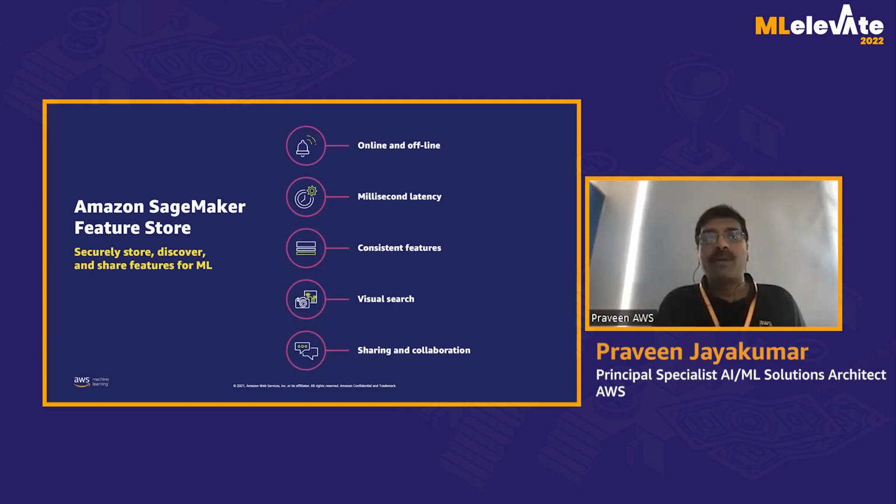And SageMaker provides you the whole feature store, basically. In feature store, there is a concept called an online and an offline feature store. Online feature store is typically used for a real-time inference scenario, and offline feature store is used for your training. If you have a batch inference workload, you will typically use an offline feature store, right?